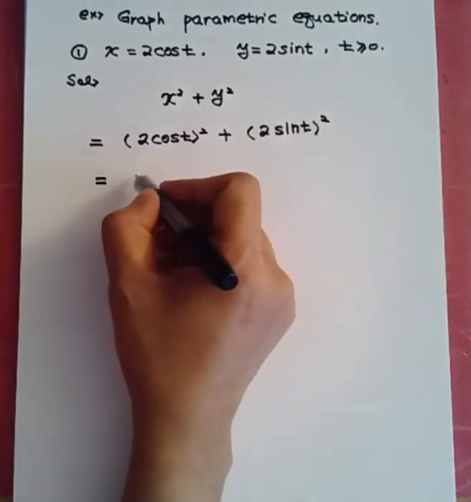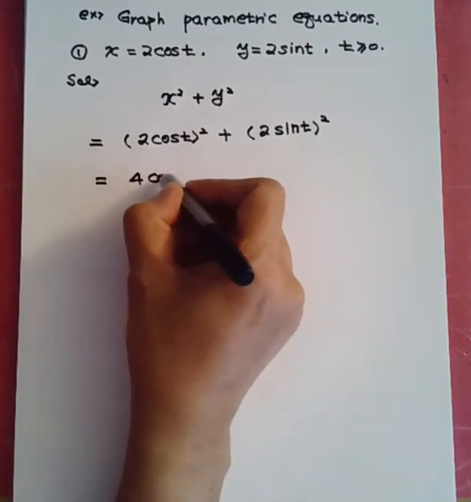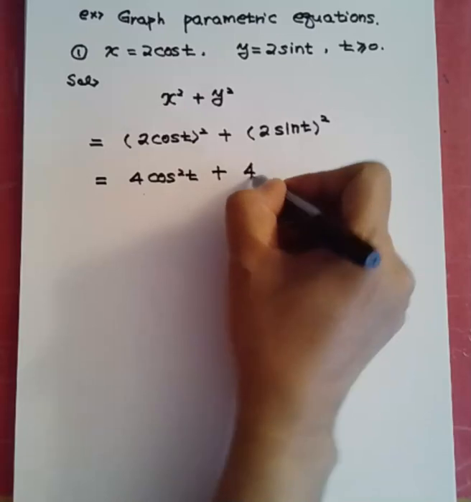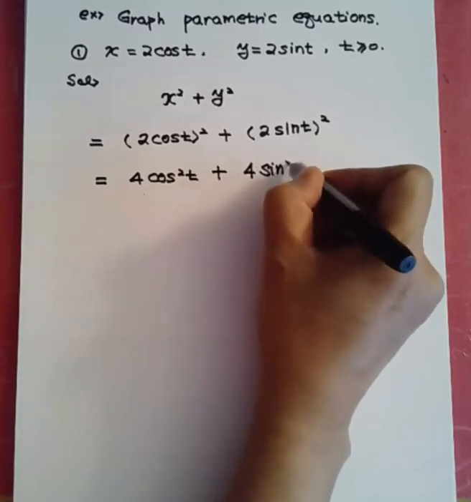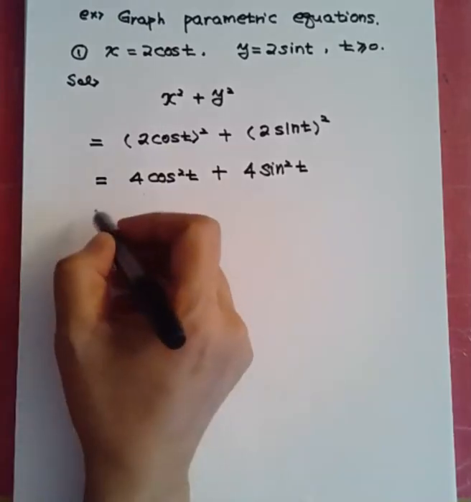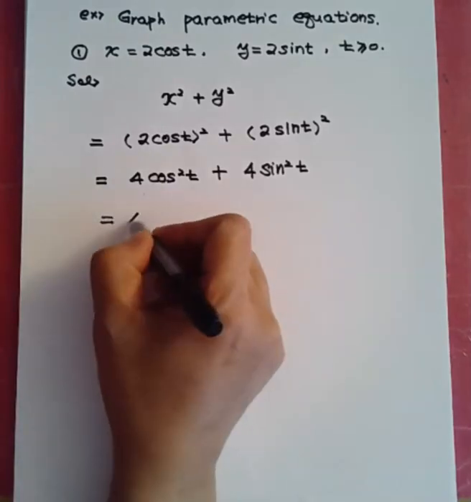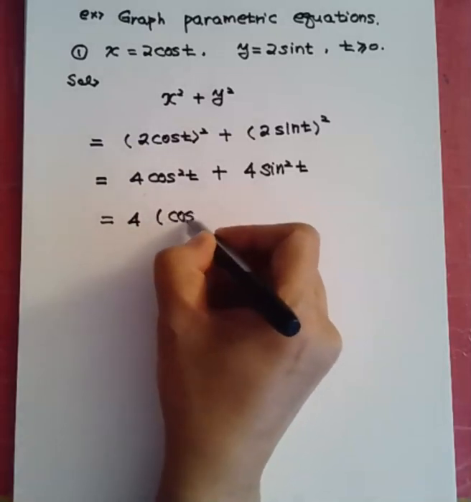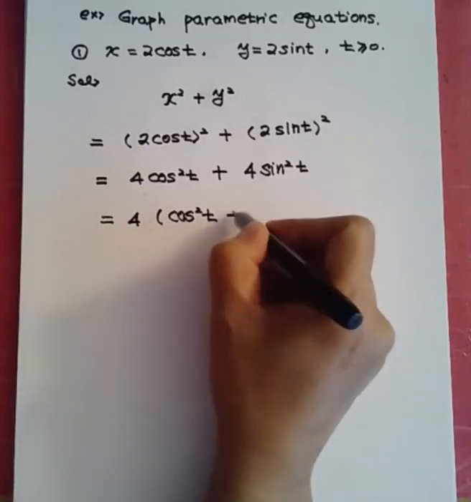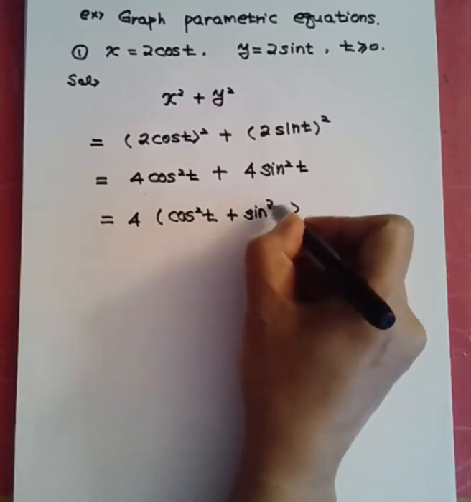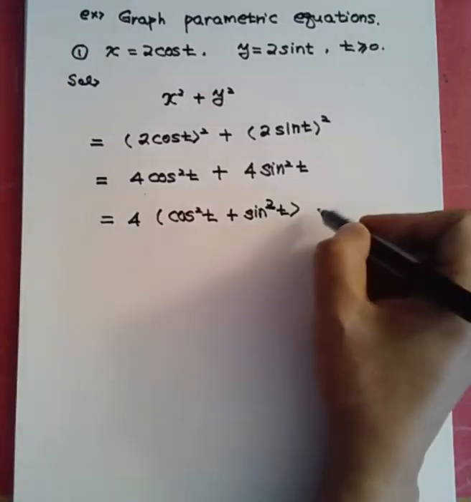So it became 4 cosine squared of t plus 4 sine squared of t. 4 is a common factor, so we take that out. Then 4 times the quantity cosine squared of t plus sine squared of t.